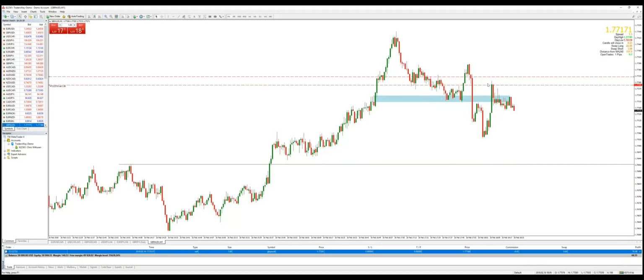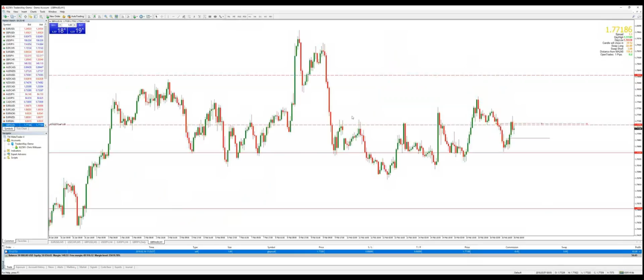We could have seen the price come up to this level, but it didn't, so it was a good entry. I fully expect this one to come down to this level here, and that's where I'm going to cash out, even though indications are that it could come down here, and there's an order block right here. So we'll wait for that one to take place.